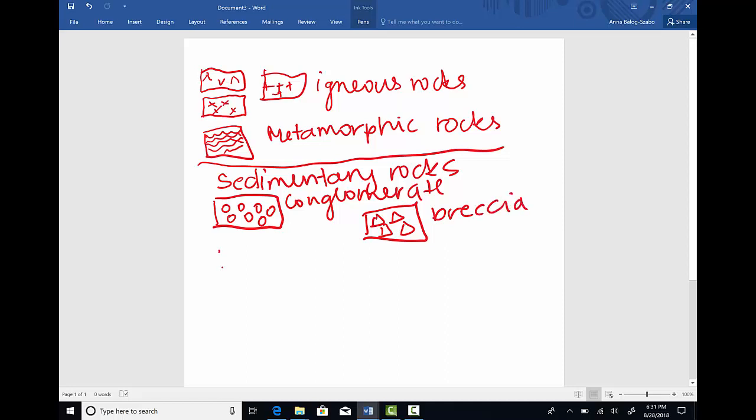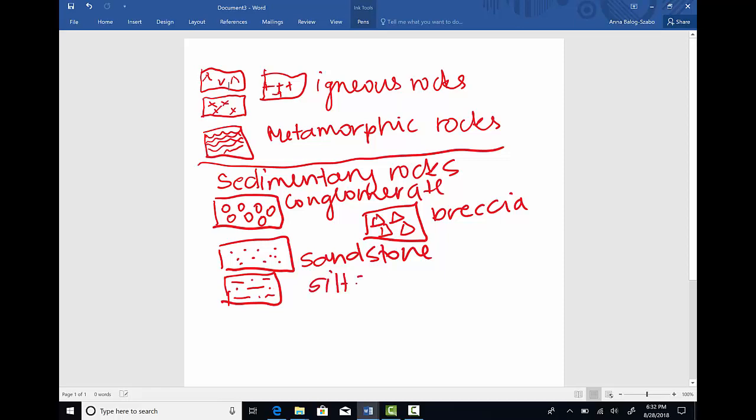Then you have the sand, that just usually low spots like this sandstone. Then the siltstone. Siltstone usually is going to be like this. And the mudstone will be like this. Shale or mudstone.